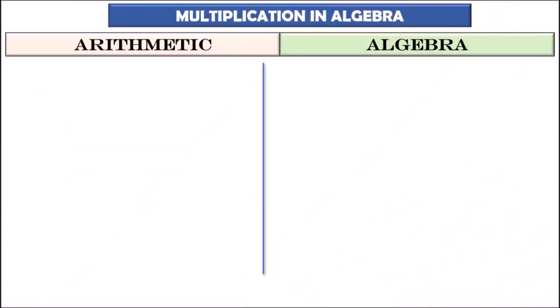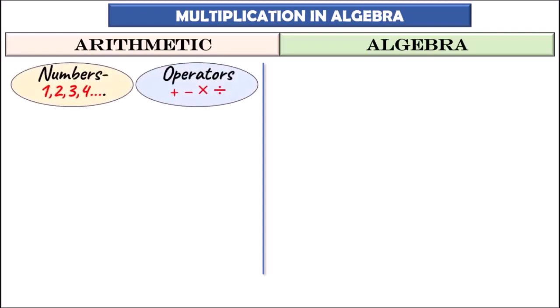Now I have told you that algebra follows all the rules of arithmetic. However, there is a small difference in how we do multiplication in arithmetic and algebra. In arithmetic, we have numbers and operators.